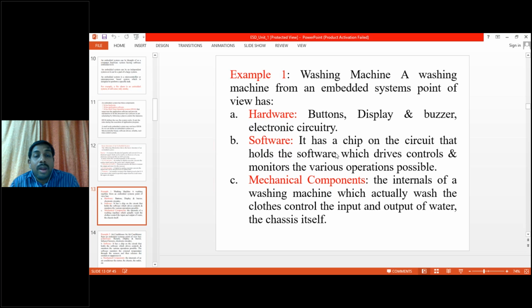The mechanical components are all the internals of the washing machine which actually wash the clothes: the stainless tub, the control of input and output of water, and the chassis.